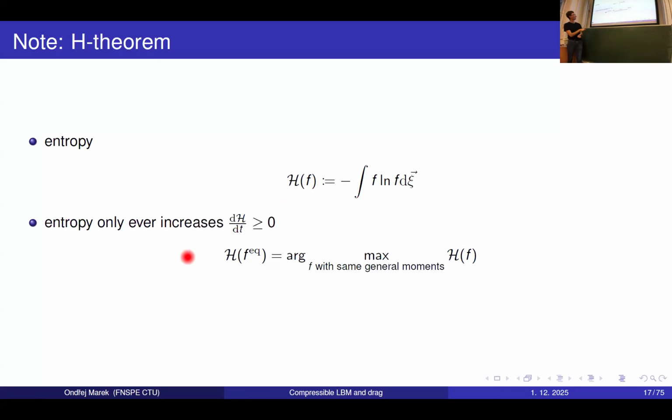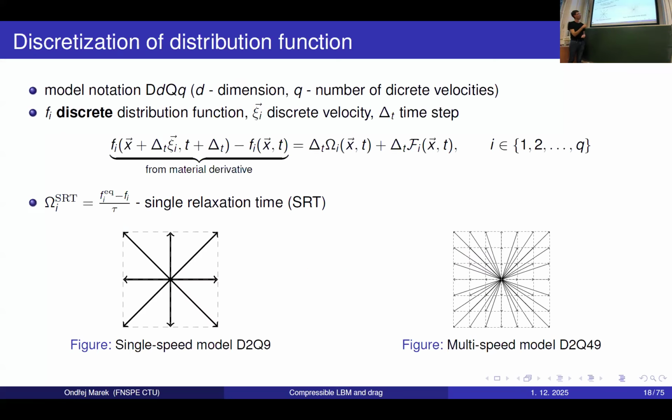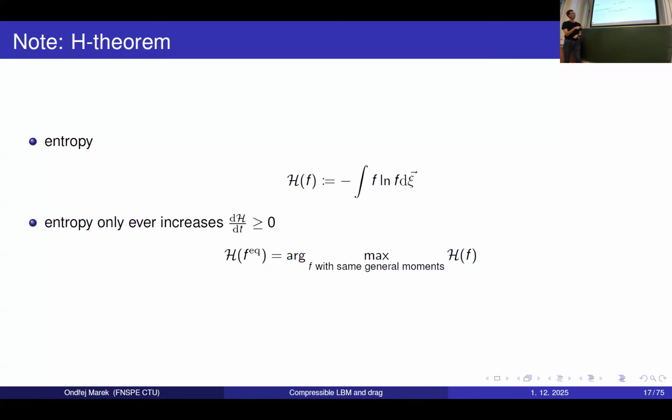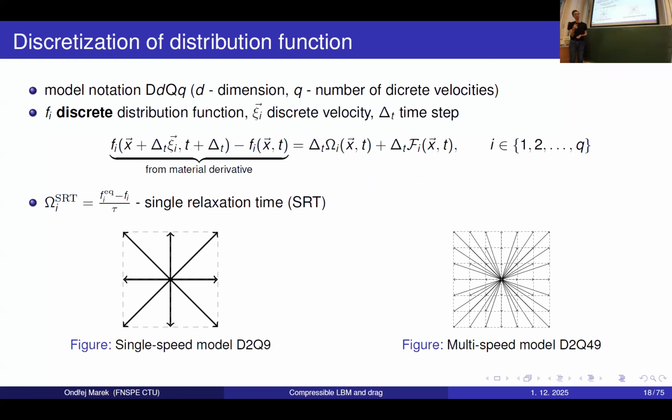And it actually holds. That's how the equilibrium for Lattice-Boltzmann is derived. The equilibrium is the maximum with some general moments, with some density, velocity, and energy, where the energy is given by the temperature. So now this is all in the continuous case, but in the discrete case, we now need to represent it in the computer.